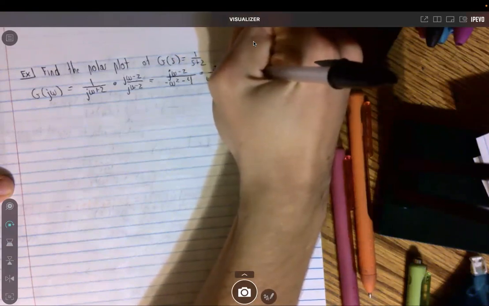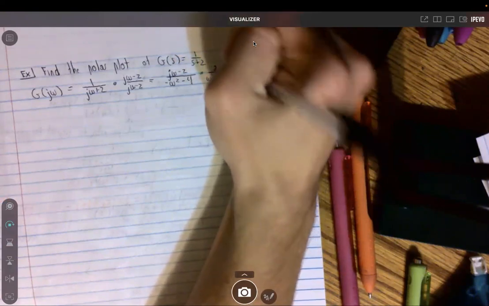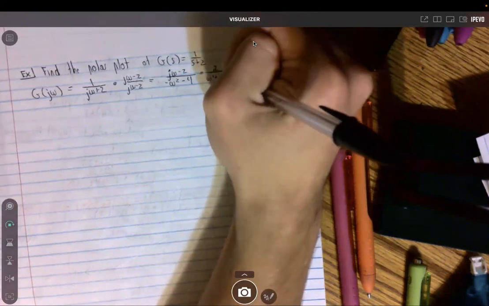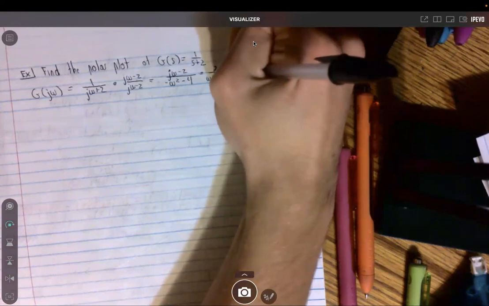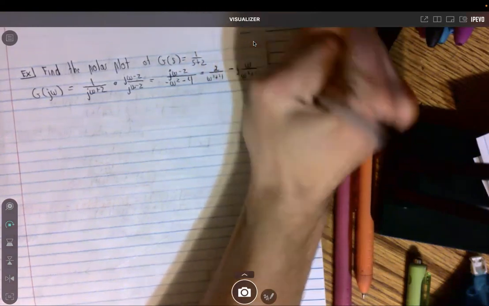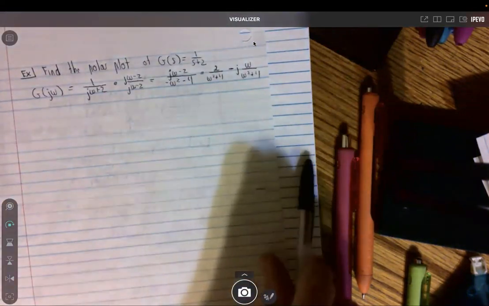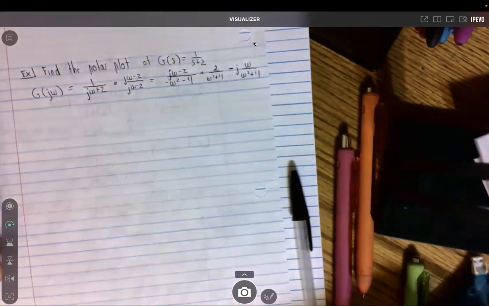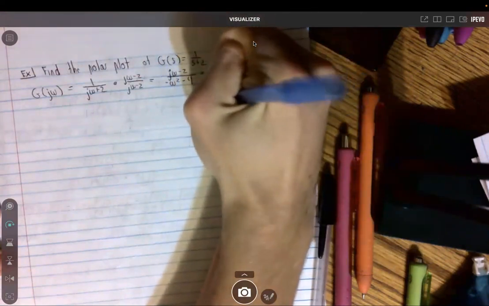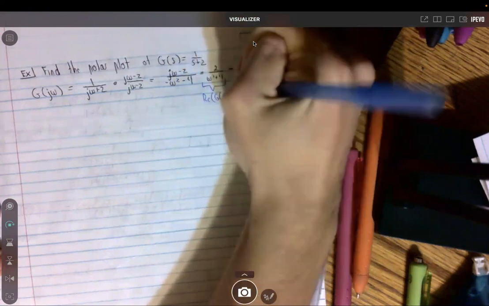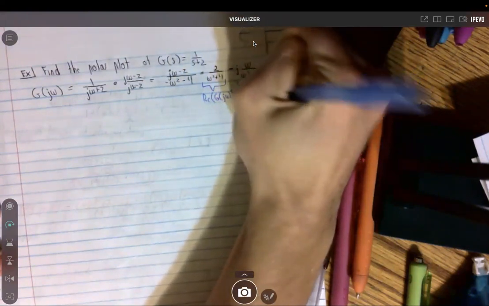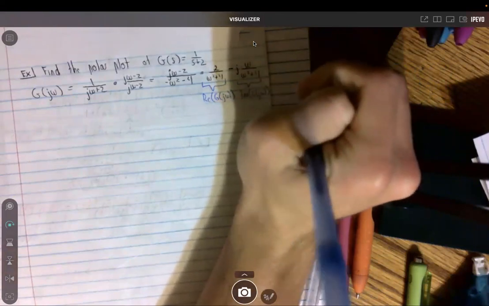Then if you pull out that negative sign in the denominator up to the numerator, you would get minus j omega all over omega squared plus 4. And so this would be your real part of G j omega right here. This is the real part of G j omega, where this is your imaginary part of G j omega. And so that's what you would use in order to plot it.